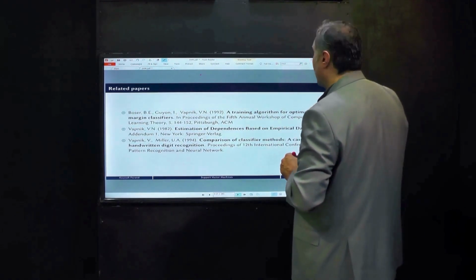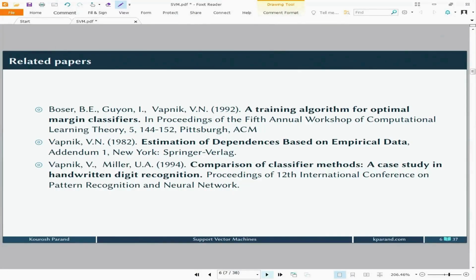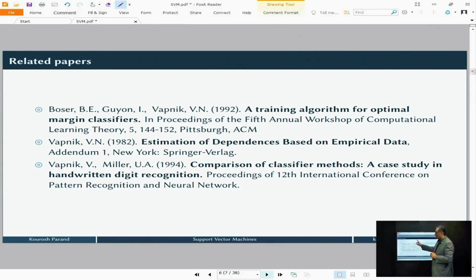Training algorithm for optimal margin classifiers, estimation of dependencies based on empirical data. And another article that we see here, my suggestion is that you can also take a look at other related articles that are available.